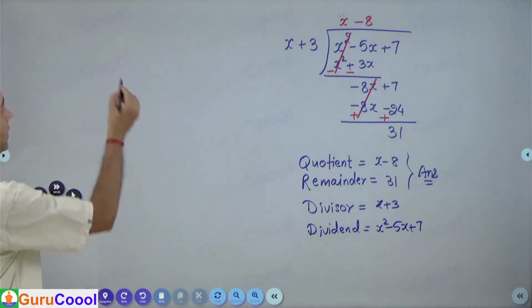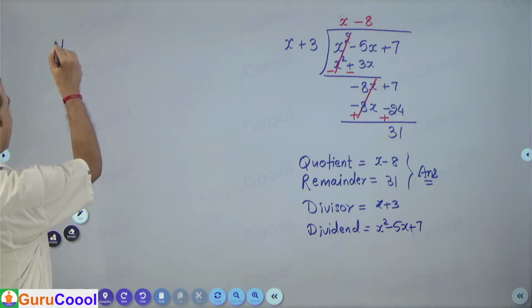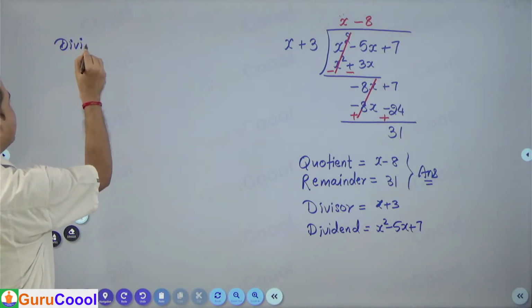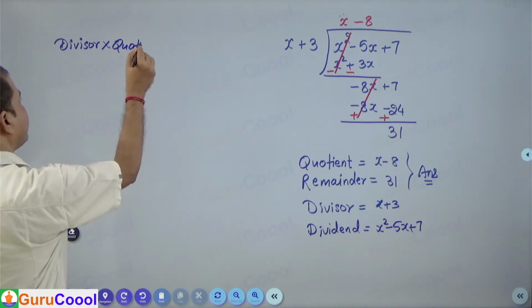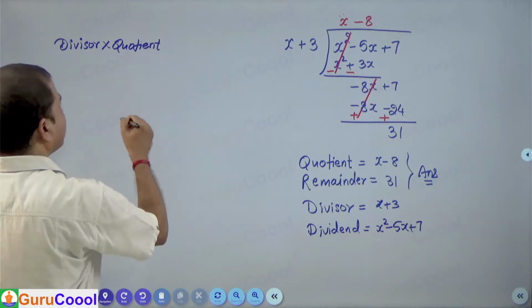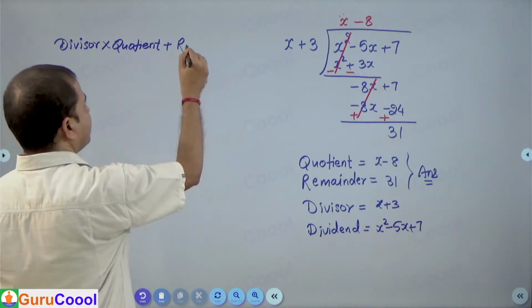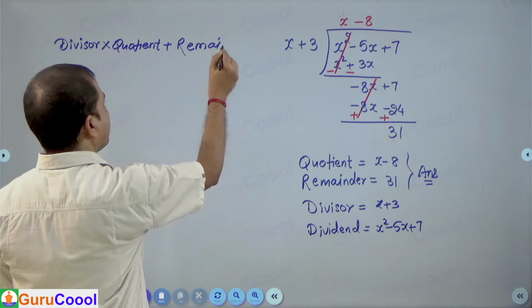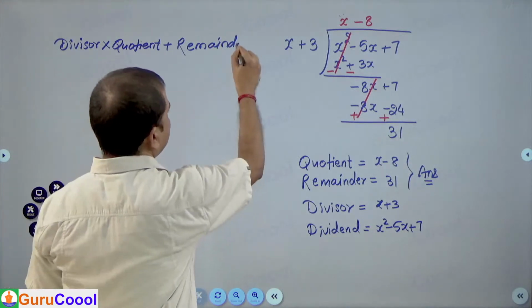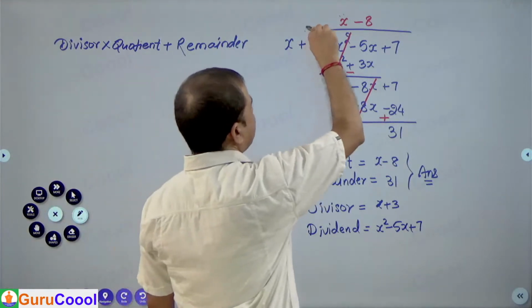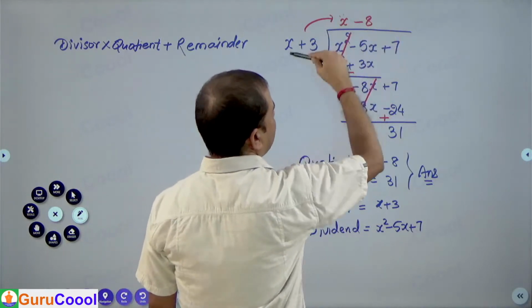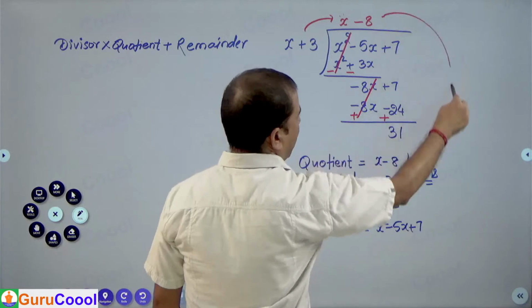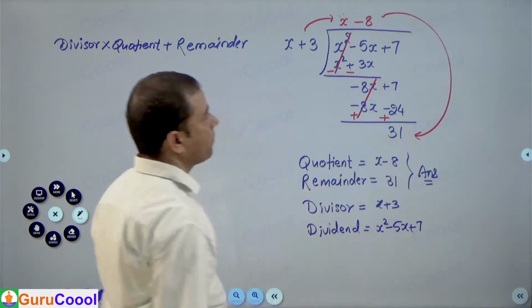What was the method? Method was divisor multiplied by quotient plus remainder. Means this will be multiplied with this, divisor with quotient, and whatever is the result we get, that will be added to remainder.